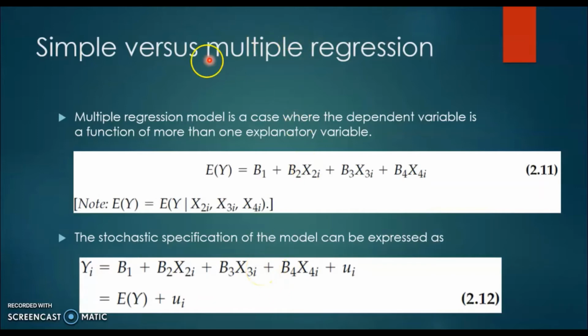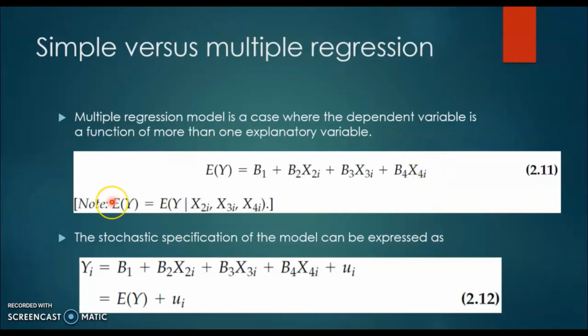But a multiple regression model is a case where the dependent variable is a function of more than one explanatory variable, as shown in equation 2.11. So here, instead of simply having x2i as before, now we have additional explanatory variables represented by x3 and x4.